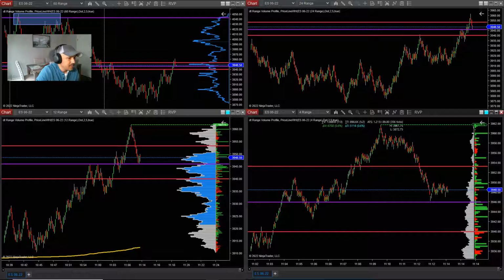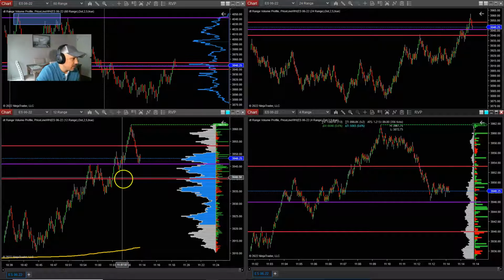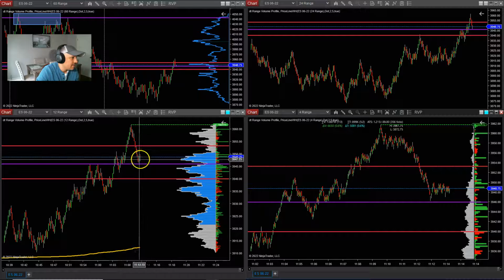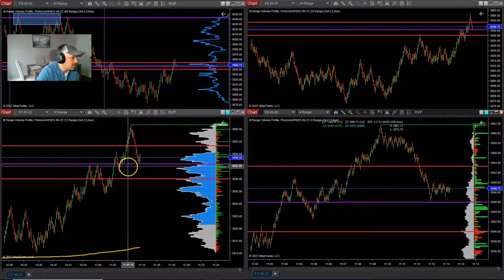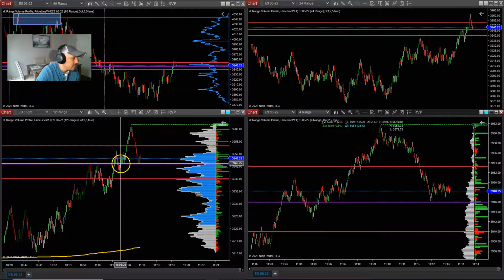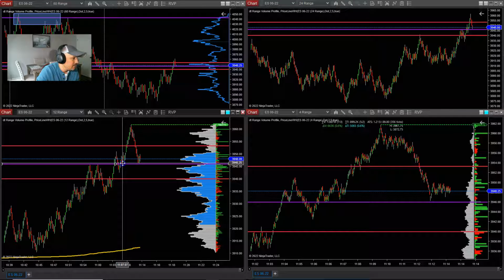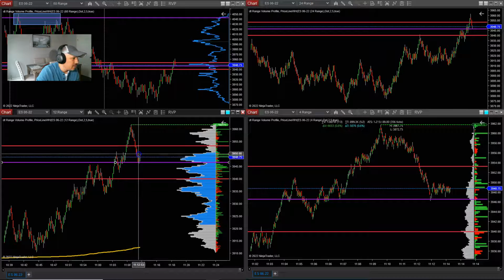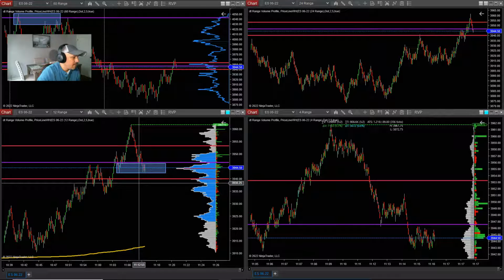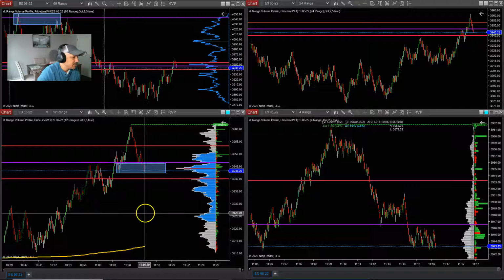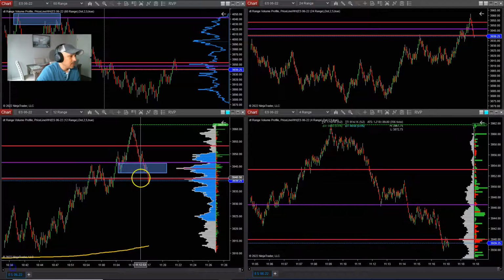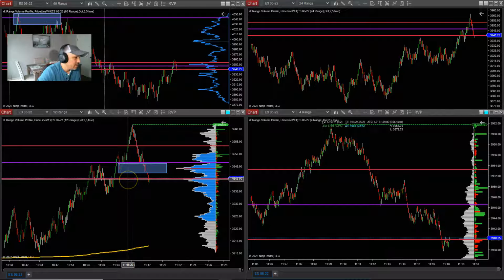Pay attention. So it's pulling back to this area right here of demand sitting right here, where this purple line is at. Okay, it's tapped into. All right, so price is breaking through this area right here.